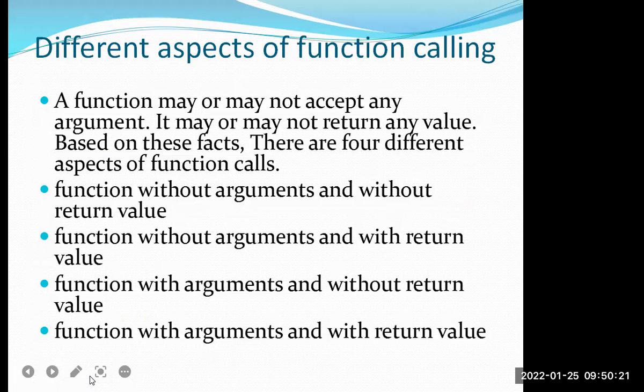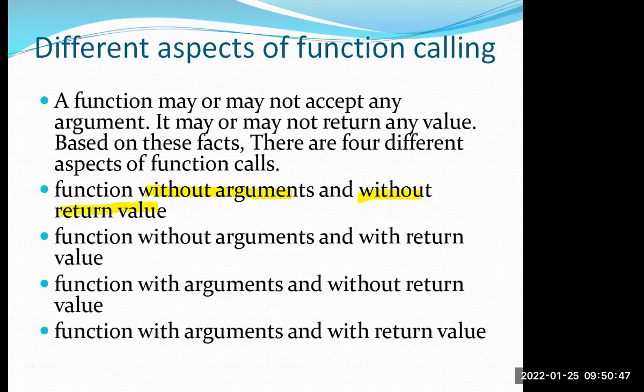Simply, a function without argument is an open bracket and close bracket, with nothing as an argument. Without return value means without getting any return. The first type is without argument and without return value.